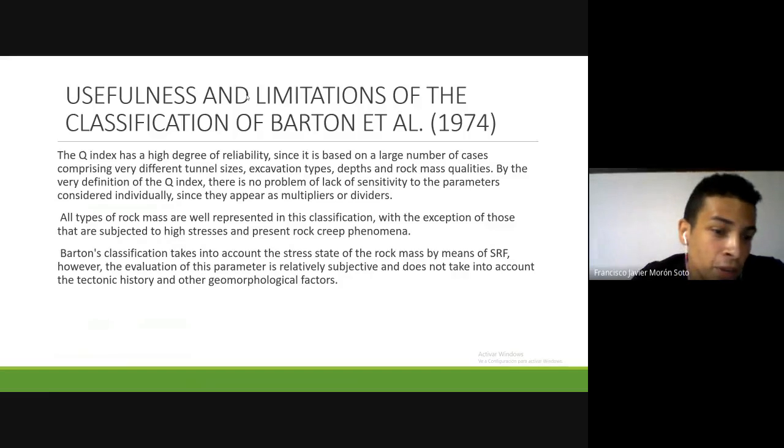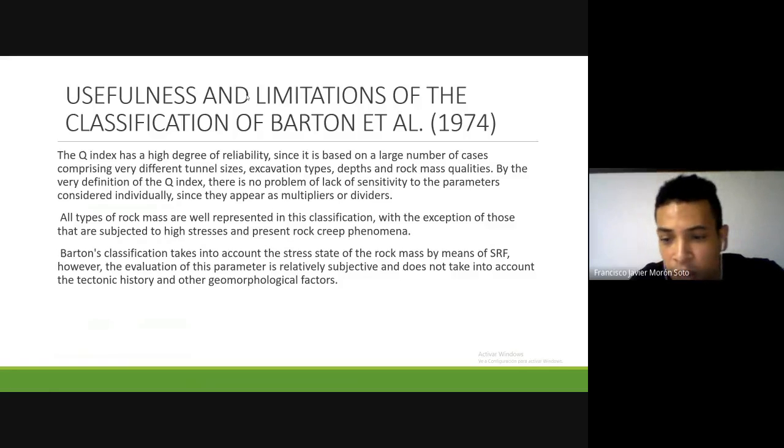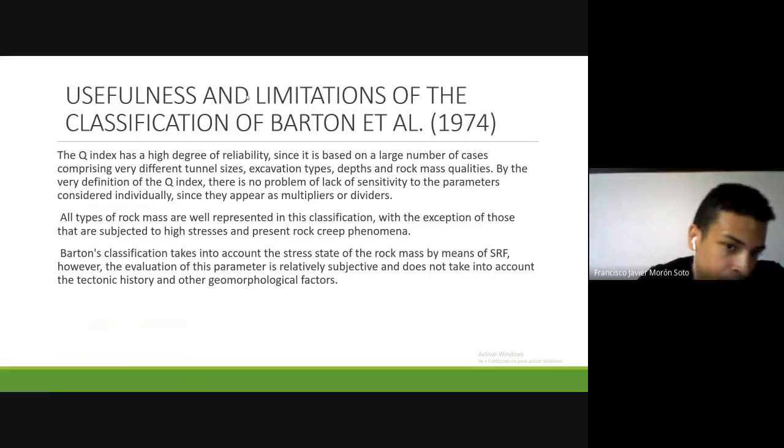By the very definition of the Q index, there is no problem of lack of sensitivity of the parameters considered individually, since they appear as multiples or divisors. All types of rock mass are well represented. It is a good classification, with the exception of those subject to high stress and presenting rock burst phenomena.